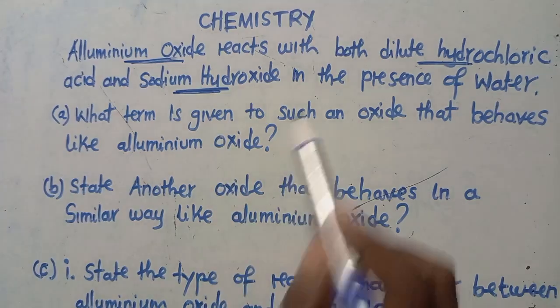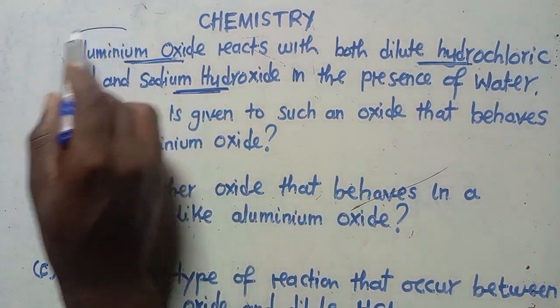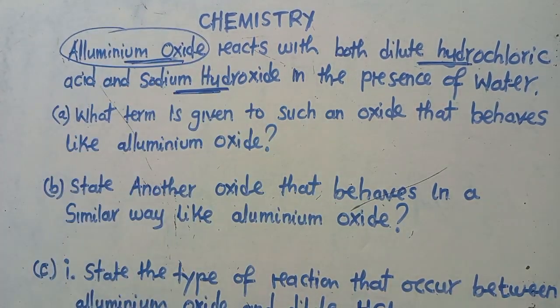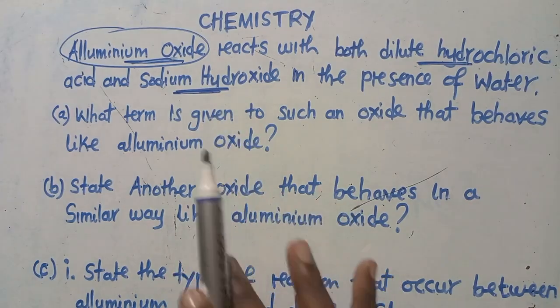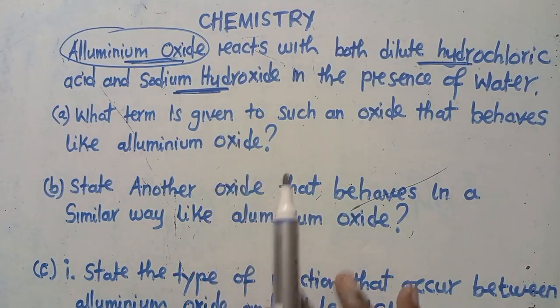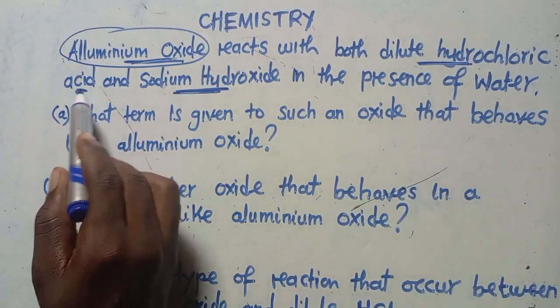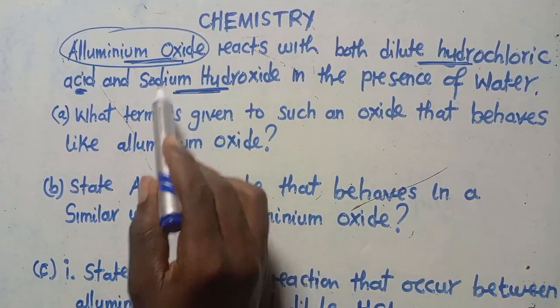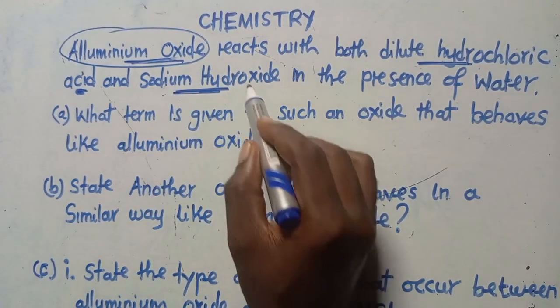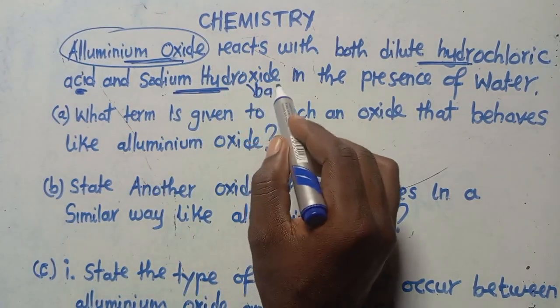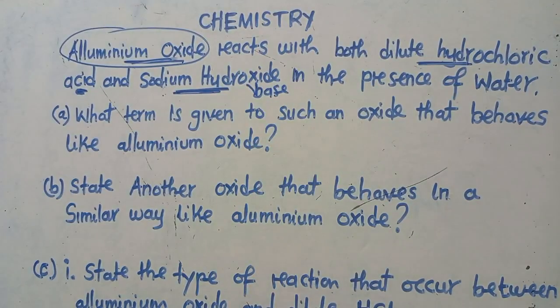So this is to tell you that I've told you this is an amphoteric oxide. So amphoteric oxides have got both properties of acids and bases, like you know, this is an acid. This is the sodium hydroxide. It is a base. So it can react as a base and as an acid.